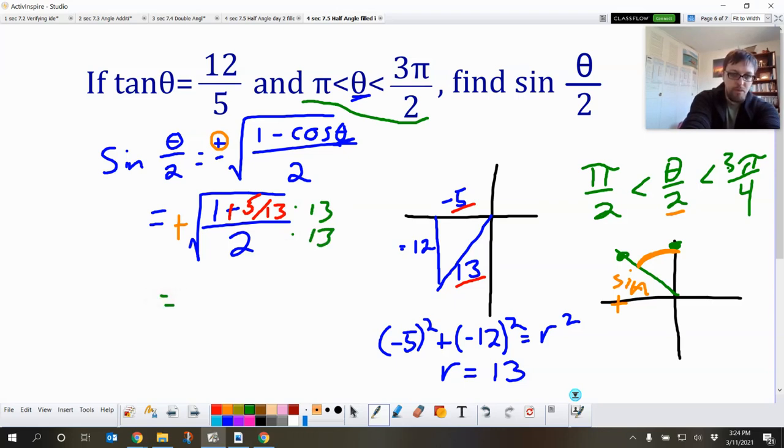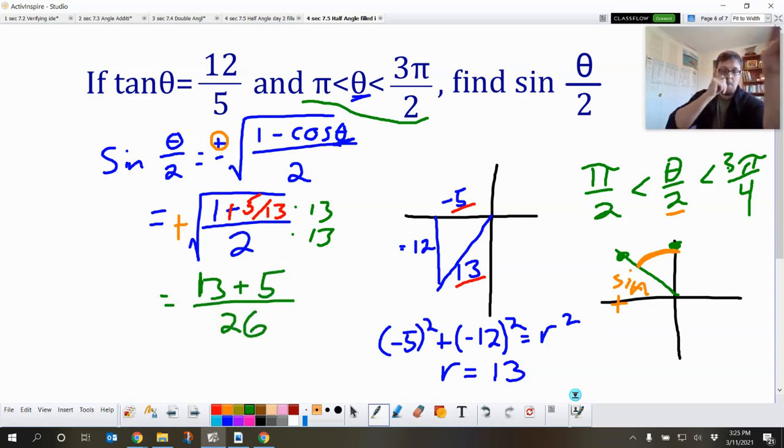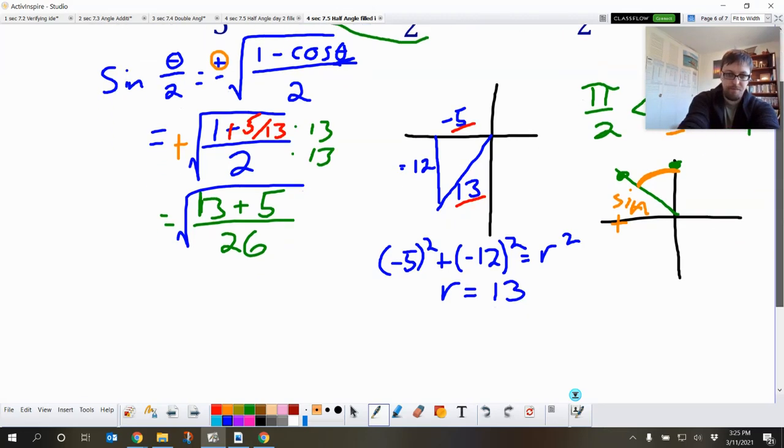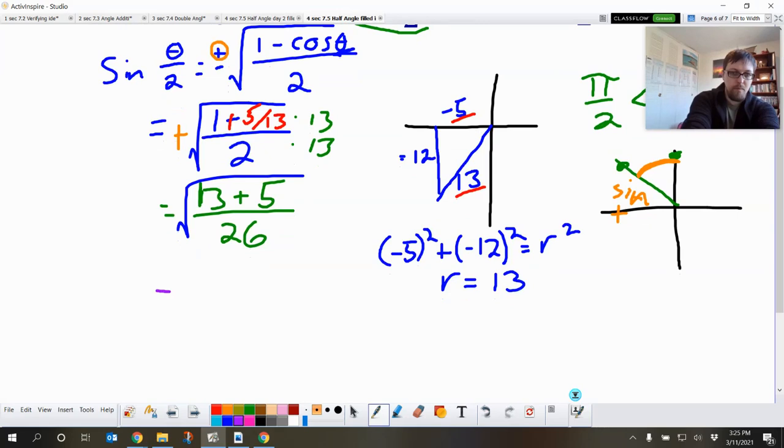So this equals 13 plus 5 over 26, still inside of a square root. So this equals the square root of 18 over the square root of 26.